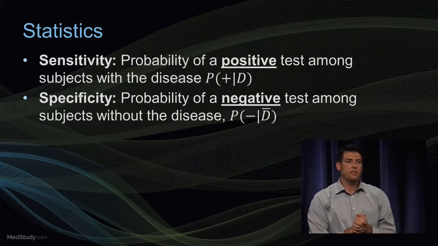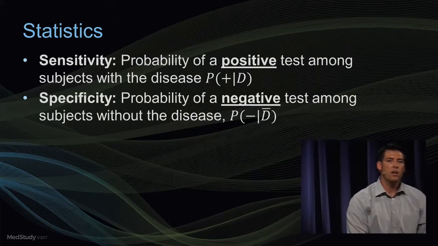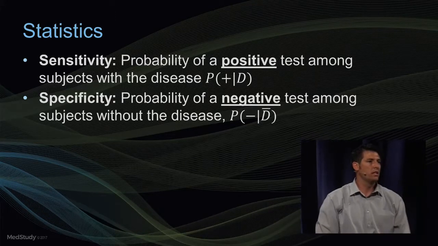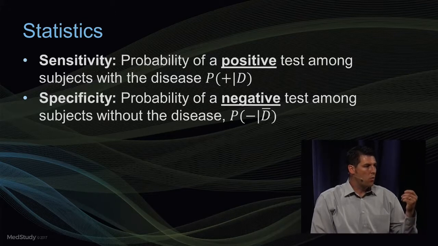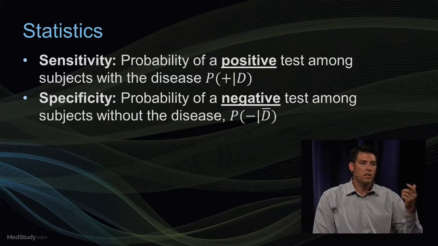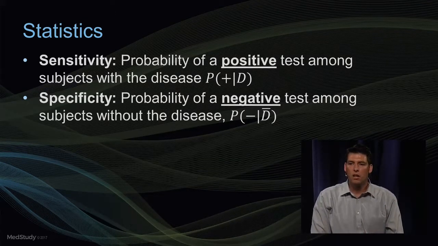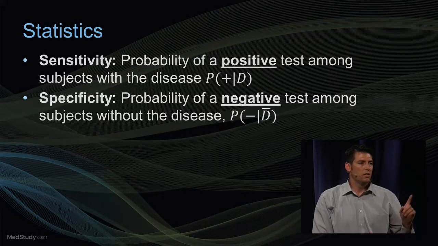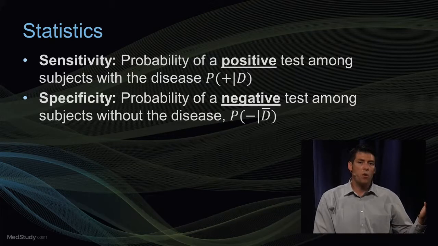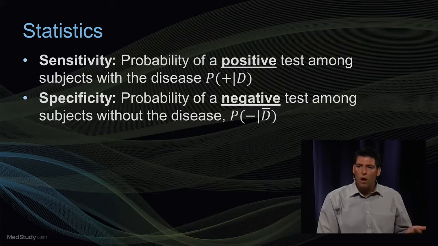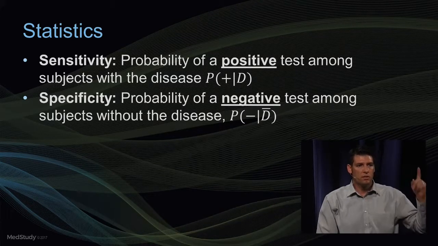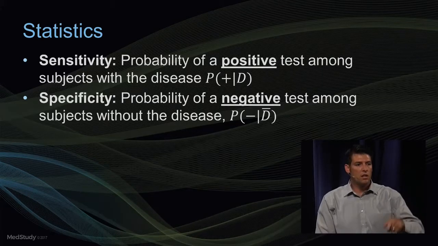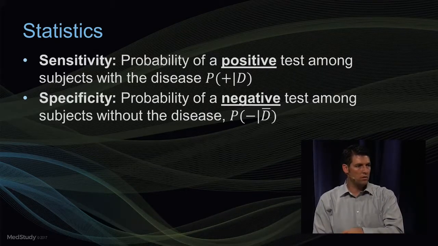Okay, so let me set the stage for another scenario. Suppose a random person comes into your clinic and wants to be tested for a particular disease. You give them the diagnostic test and it comes up positive. Potentially, their next question is, what's the probability I have the disease given the positive test result?